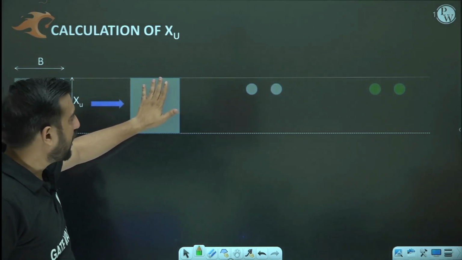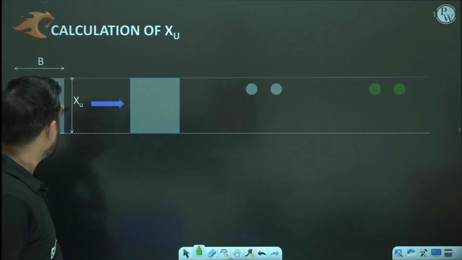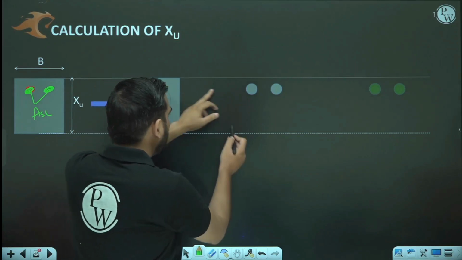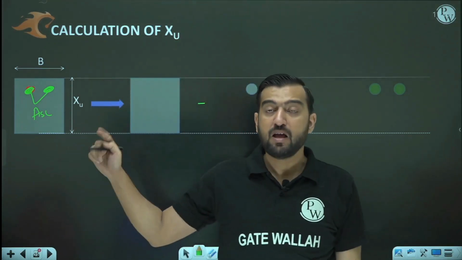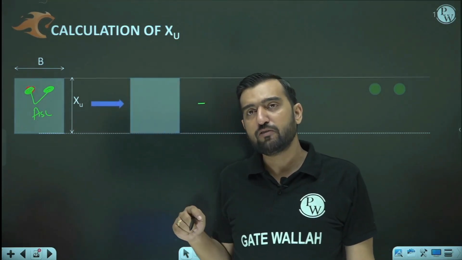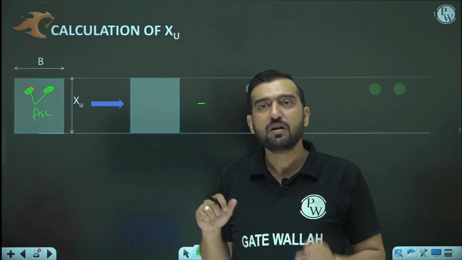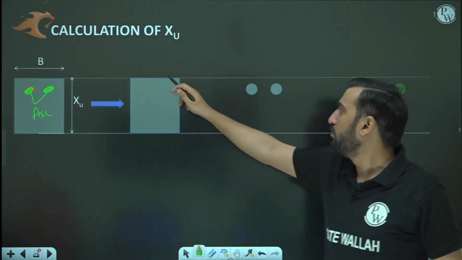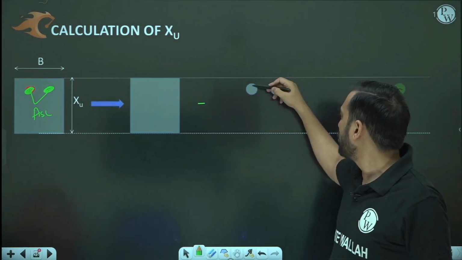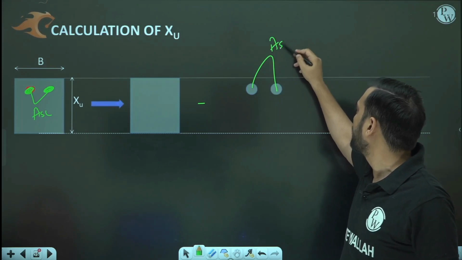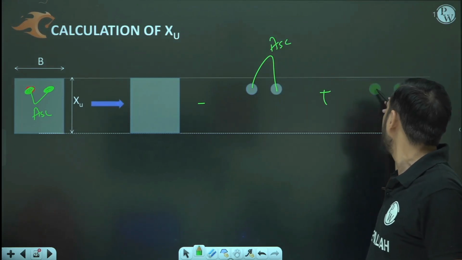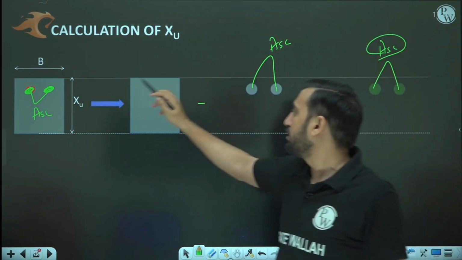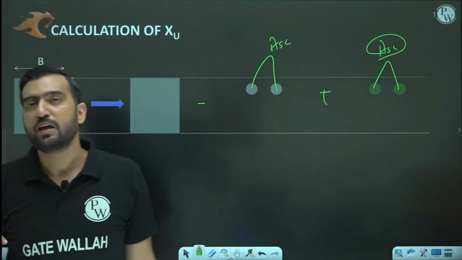Now, if I want to reach till here, and this is the entire concrete, then I have to subtract some amount of concrete which was not available there. Why was that not available? Because at that location steel was available. So the entire rectangular block b into XU minus this concrete, equal to area of steel in compression, plus the area of steel in compression is going to give you the exact original scenario.